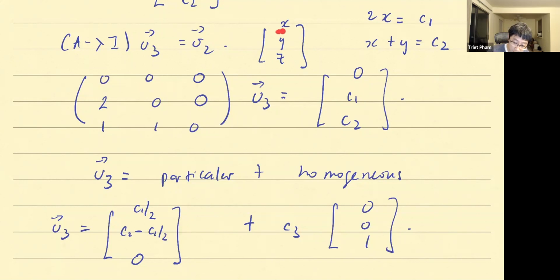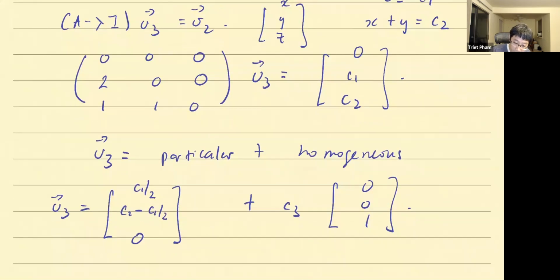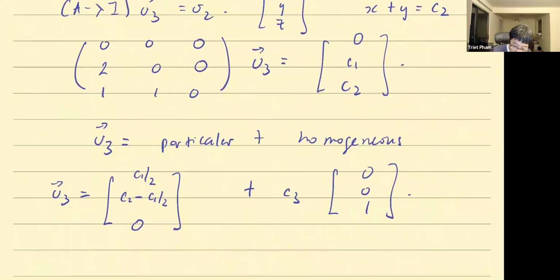The second equation says 2x has to be equal to C1. The third equation says x plus y has to be equal to C2. And so x must be C1 over 2, and y must be C2 minus C1 over 2. Technically, you can say your C3 is right here, but because I only have the C3 cover, I put a 0 there.